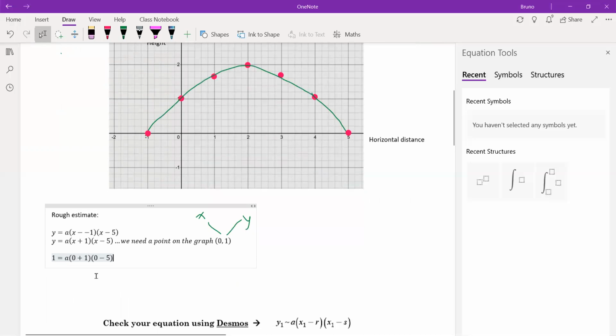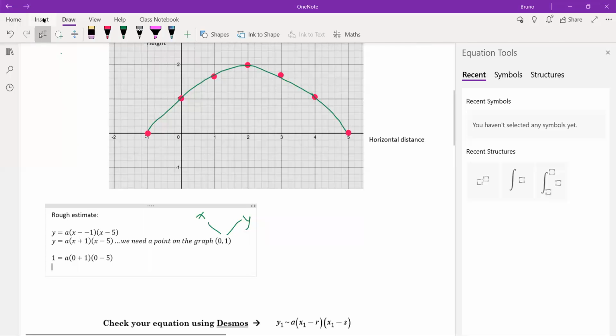Then I can solve that equation, which shouldn't be too difficult because 0 plus 1 is 1, and 0 take away 5 is negative 5.